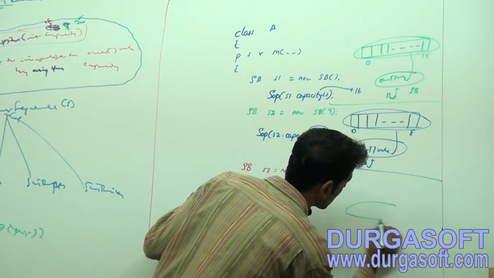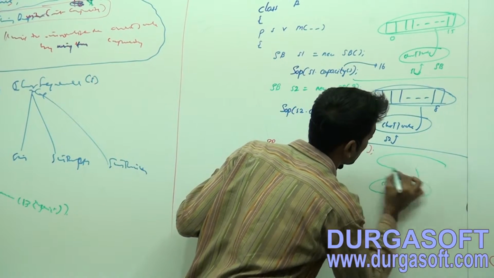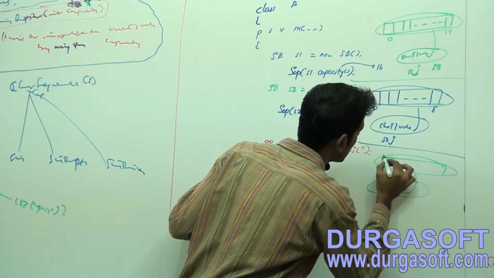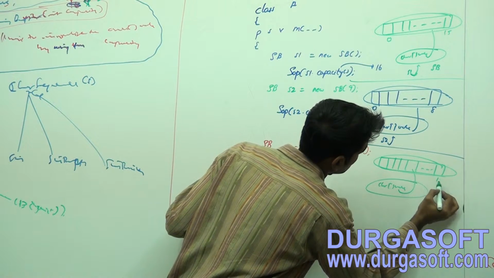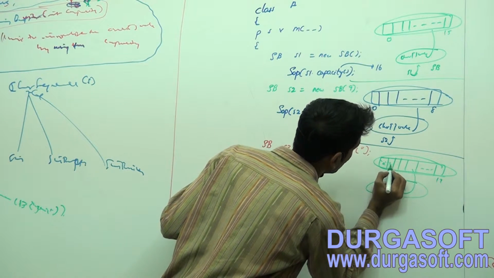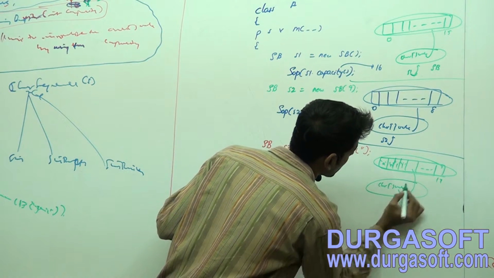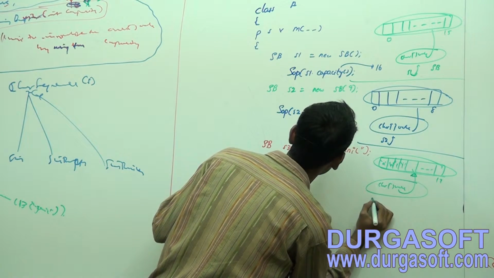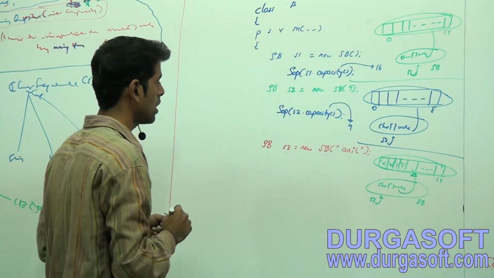Now the StringBuffer object has a char array value with 20 blocks, but the data will be Anil. Now observe, this is our S3 StringBuffer object.